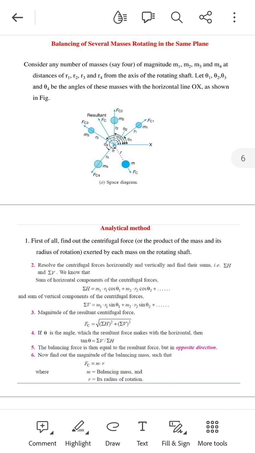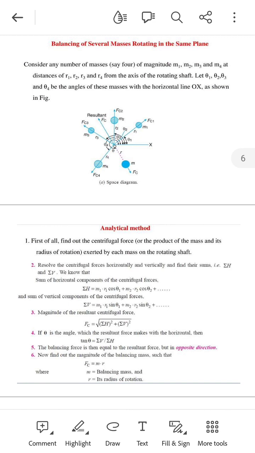The second step, resolve the centrifugal forces horizontally and vertically and find their sums, that is, summation of H and summation of V. We know that the sum of the horizontal components of the centrifugal forces, summation of H, is equal to m1 r1 cos theta 1 plus m2 r2 cos theta 2 etc. And the sum of the vertical components of the centrifugal forces, summation of V, is equal to m1 r1 sin theta 1 plus m2 r2 sin theta 2 etc.